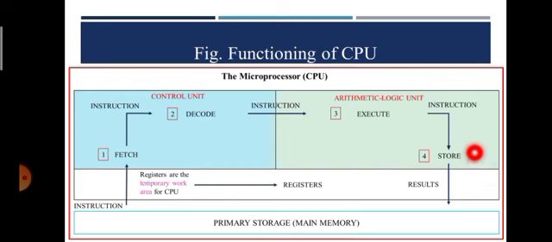These results will again be stored in the main memory. Okay, so here this is a cycle which will continue until all the instructions are executed. Once the last instruction is given, then the process is completed.